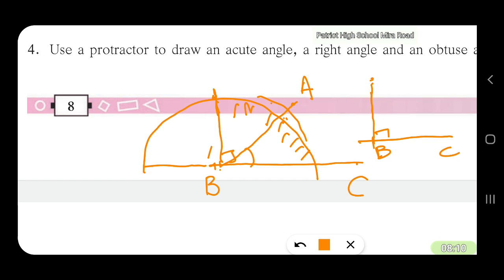If you want an obtuse angle, this is 90 degrees. So 0 degrees, say it is somewhere around 40, 50, 60, it goes up to 90 and more than 90. Anywhere in between, if you make a point P, you join P with B, PBC will be an obtuse angle.